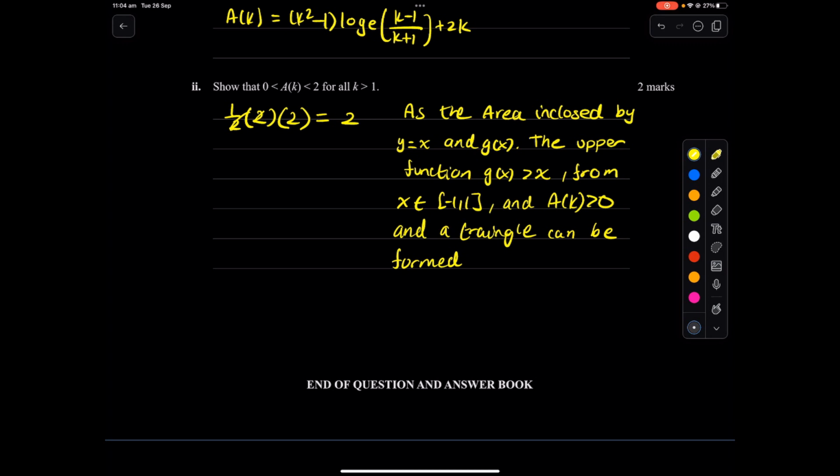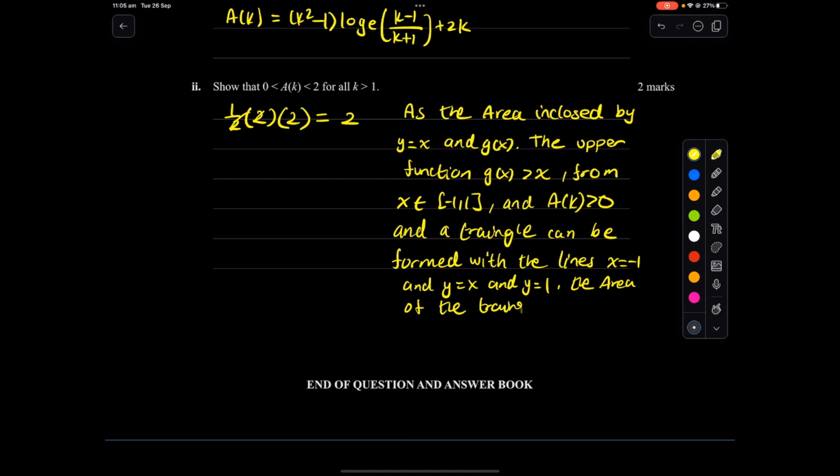And a triangle can be formed with the lines x equals -1, y equals x, and y equals 1. The area of the triangle is 2, meaning that A of k cannot equal 2 but approaches it.